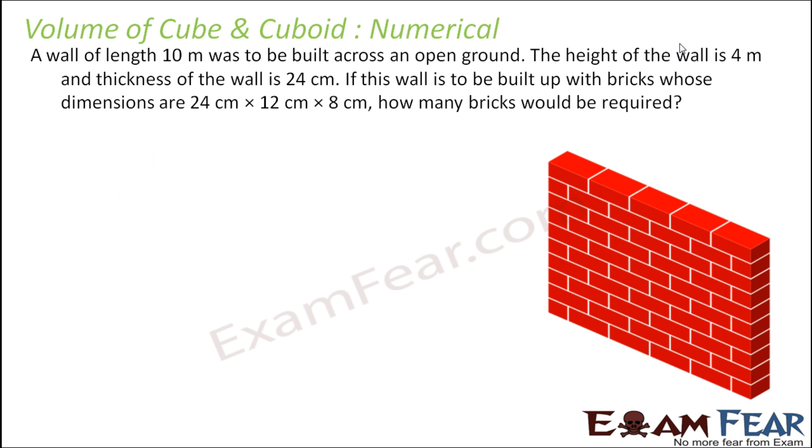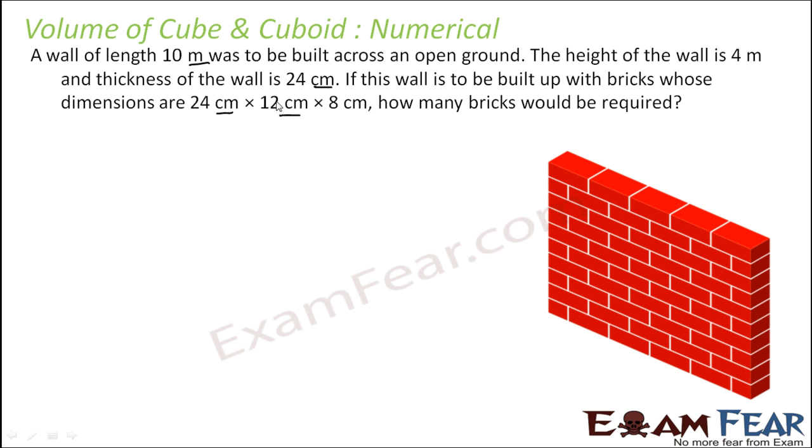So let's take some numericals to understand the volumes of cubes and cuboids in detail. A wall of length 10 meter was to be built across an open ground. The height of the wall is 4 meter and the thickness is 24 centimeter. Please note there are some units in meter, some in centimeter, and the brick is also in centimeter.